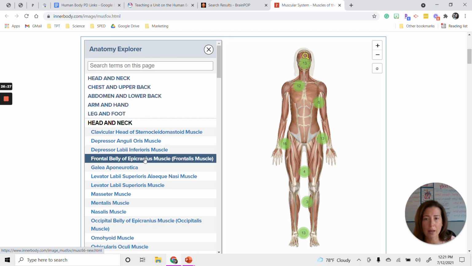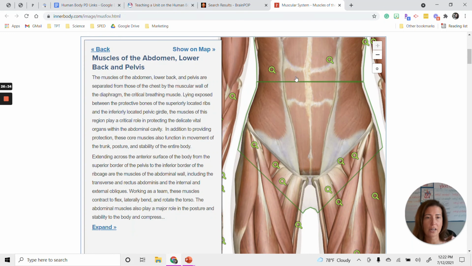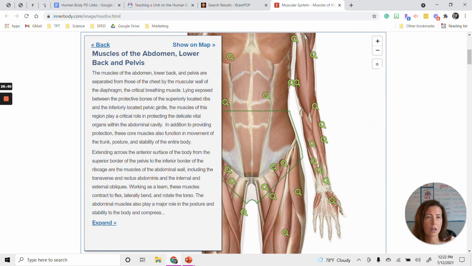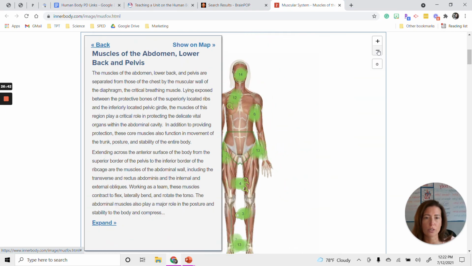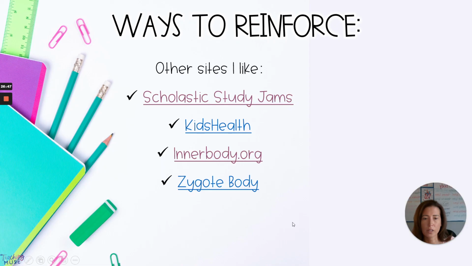If you want to teach them about different muscles, a lot of this is a little bit higher than what the students need to know, but if you want them to see, okay, here are your abdominal muscles right here, they can just get a feel for where each of these are and what the body systems look like. And then Zygo Body is also similar to Inner Body, where it's showing those different body systems. You can layer them on top of one another or just look at one body system at a time.